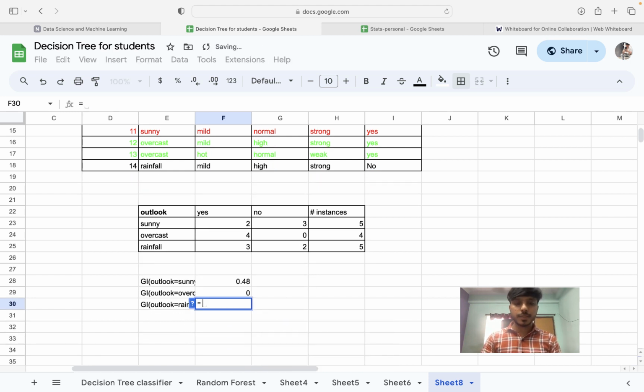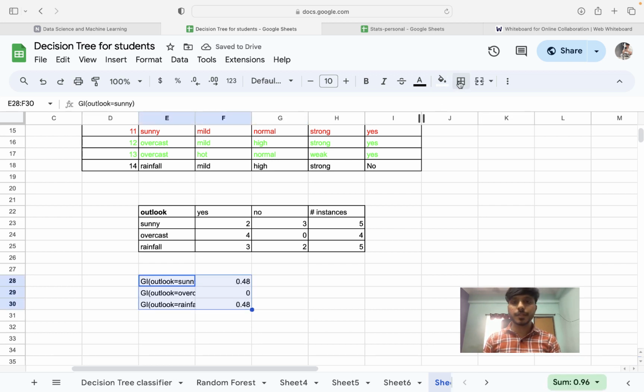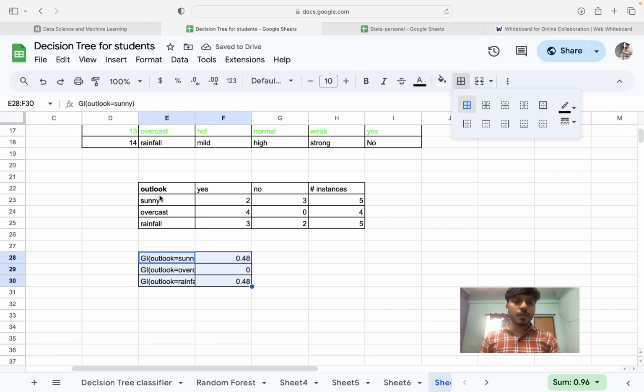Then for this, 1 minus 3 divided by 5 whole square, minus 2 divided by 5 whole square. That's my Gini impurity for each of the classes in this column.